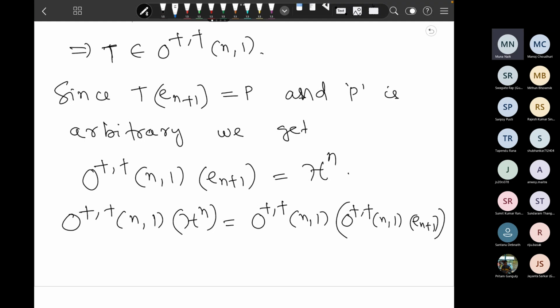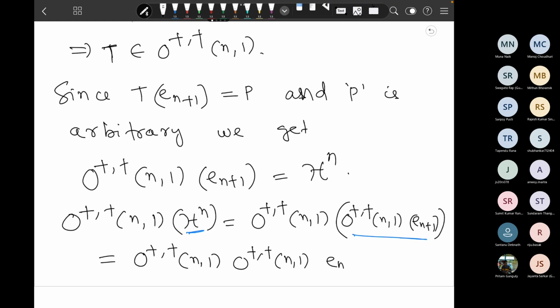I am replacing Hn by O++(n,1) en+1, using the group action property, and O++(n,1) is a group.